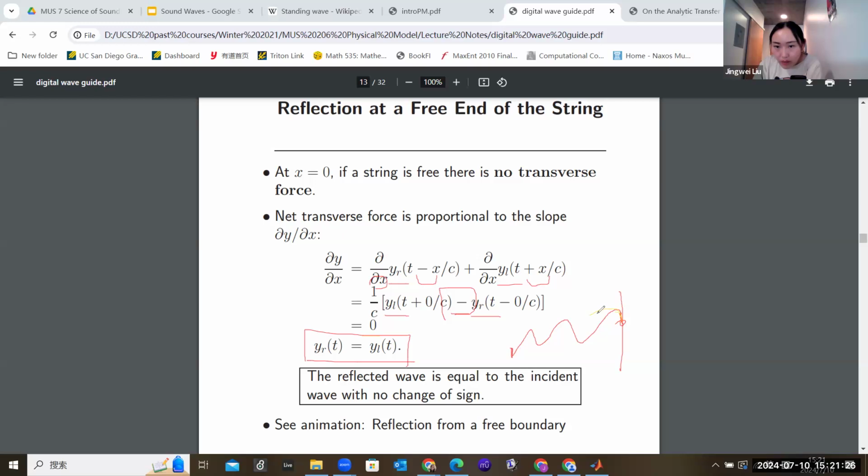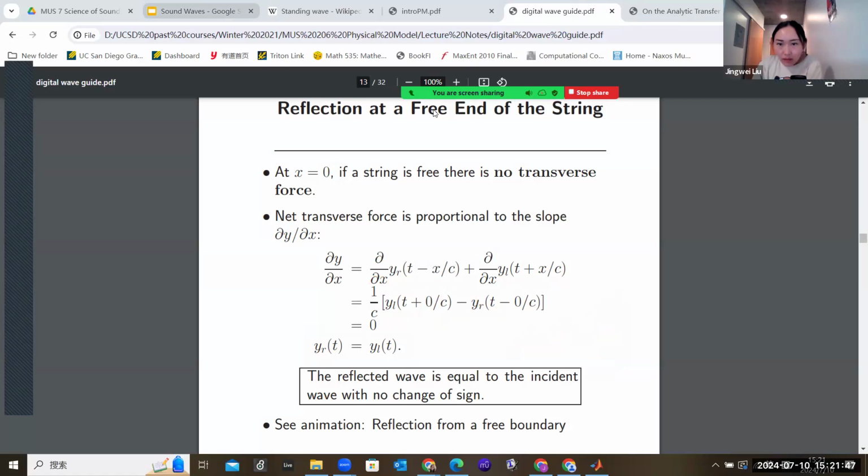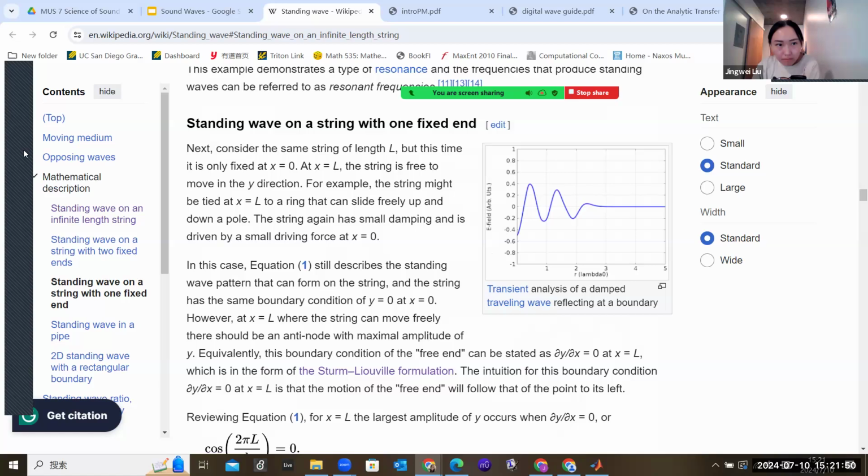But if this end is a fixed end, the wave comes in like this and will be reflected like this. So at the free end, the reflection doesn't change the sign.